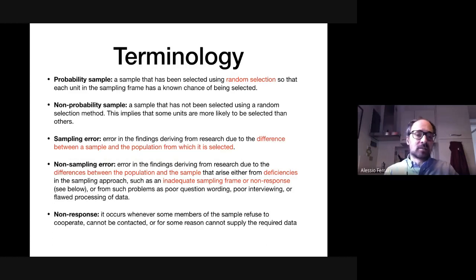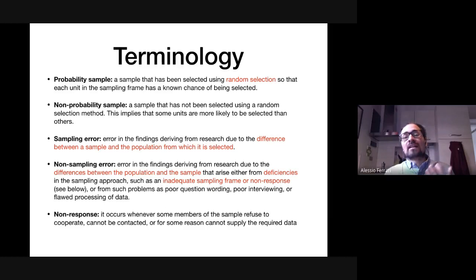There is a concept of sampling error, that is the error in the findings derived from research due to the difference between a sample and the population from which it is selected. So sampling error is a difference between the people that you have and the actual population, so in the statistics that you derive. Non-sampling errors are those that are due to differences between the population and the sample, but that arise from deficiencies in the sampling approach.